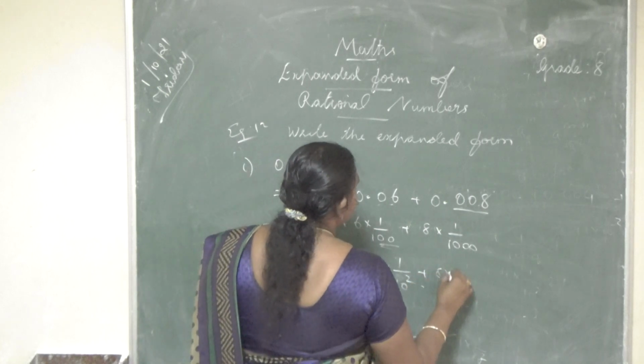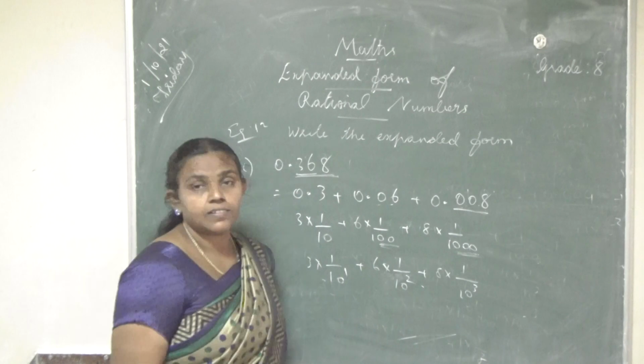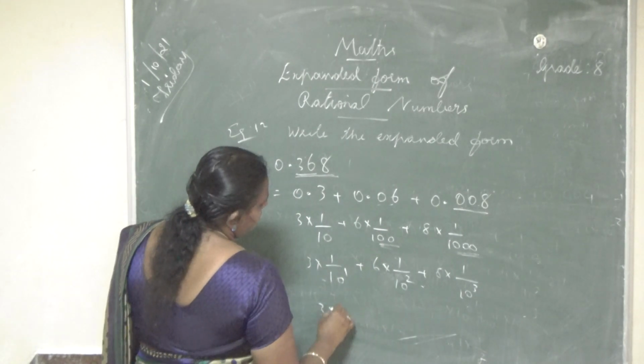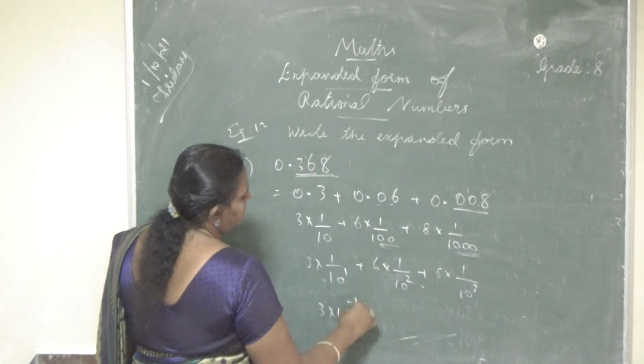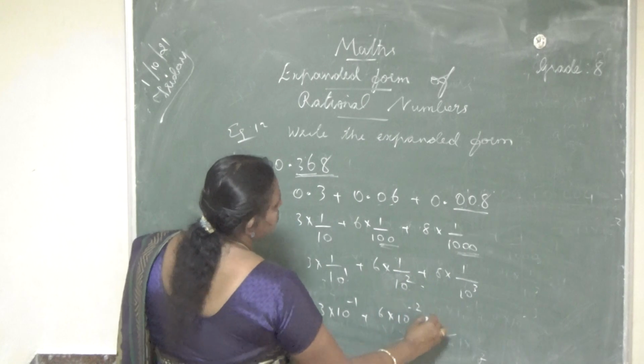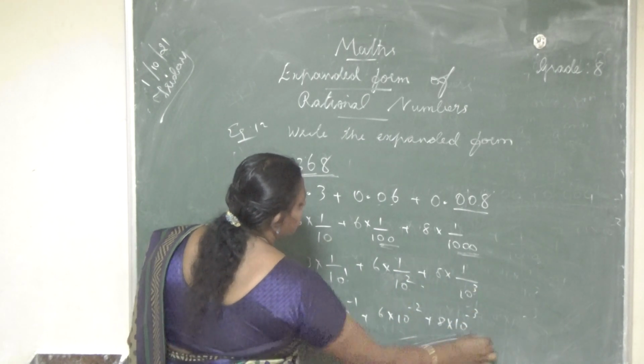Plus 8 into 1 by how many digits? 3. So next 3 into 10 to the power minus 1, 6 into 10 to the power minus 2, 8 into 10 to the power minus 3.